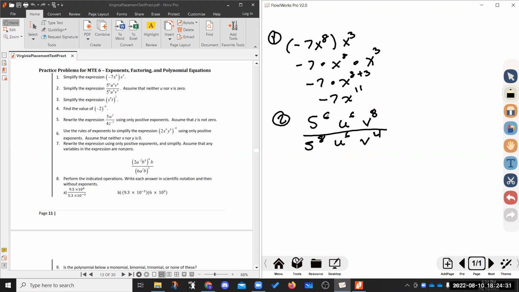So I'm going to subtract 6 from 8. That leaves me with 2 5s left in the denominator. All 6 of my u's are going to cancel to make 1s. And I'm going to be left with v to the 8 minus 4, which is 4. I need to simplify this a little bit more because I can calculate what 5 squared is. 5 squared is 25.